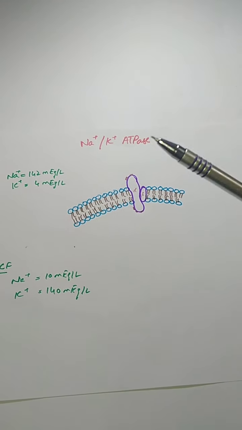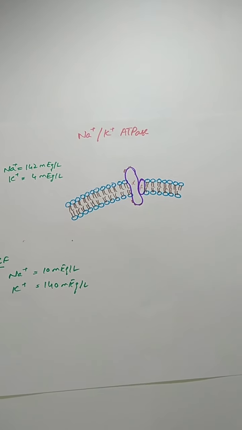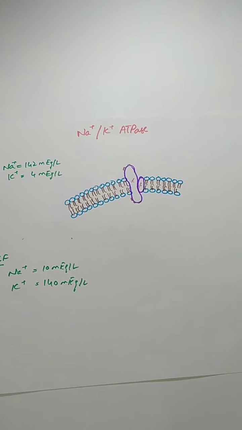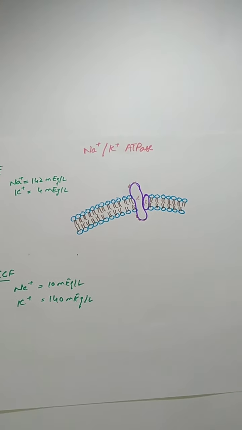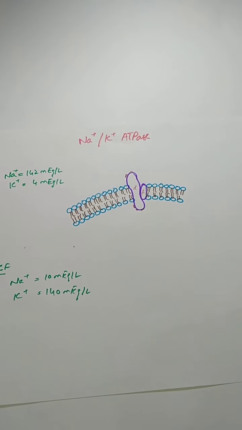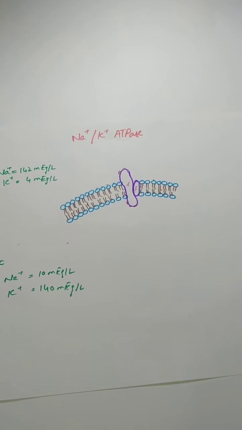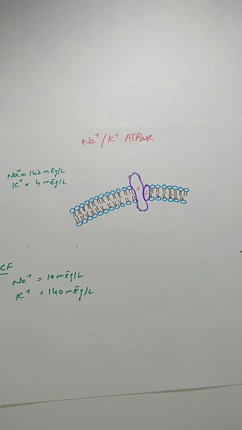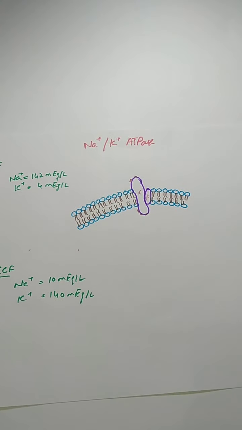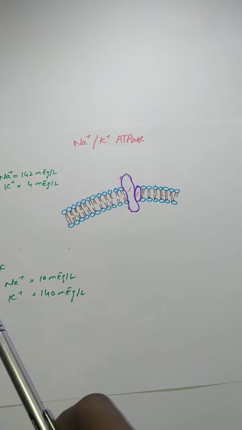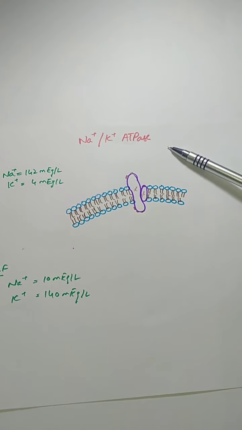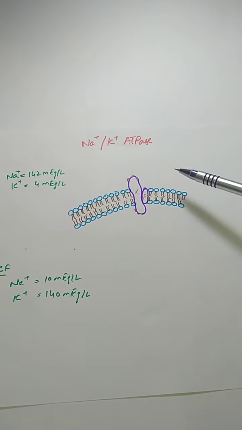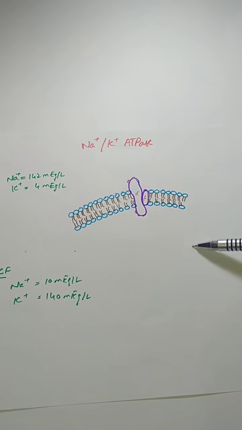Since potassium ions are in lower concentration in the extracellular fluid, they move these potassium ions against the concentration gradient inward into the cell where they are already in higher concentration. These pumps move the sodium ions from the intracellular fluid outward into the extracellular fluid where they are already in higher concentration.